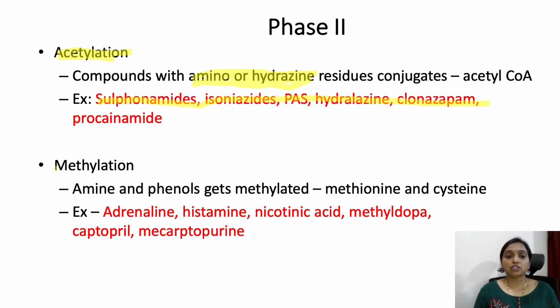Next phase 2 reaction is methylation process where a methyl group from methionine is added, and the drugs containing amine or phenol groups get methylated. Examples are adrenaline, histamine, nicotine, methyldopa, all these group of drugs.